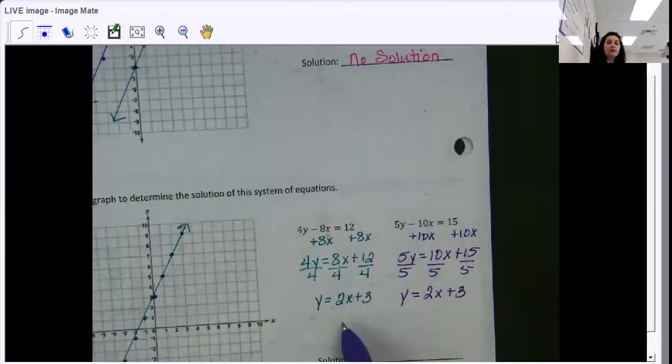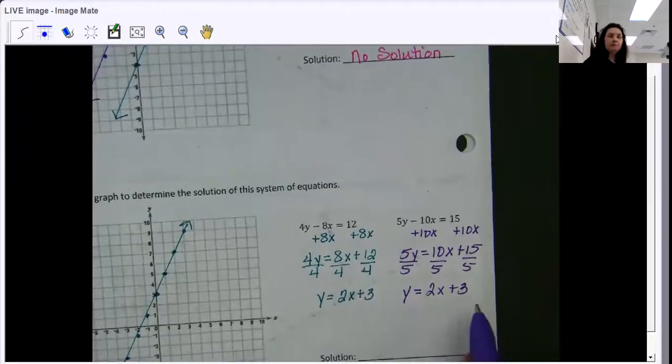Okay, at this point, I could tell they're the exact same line.